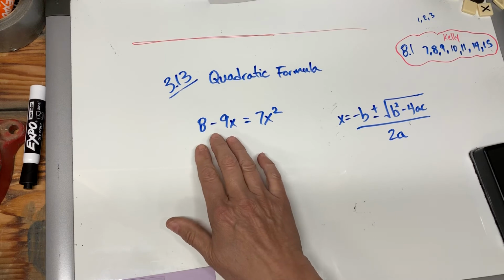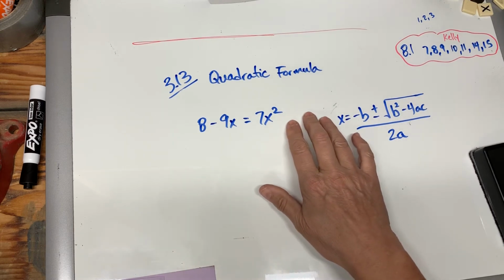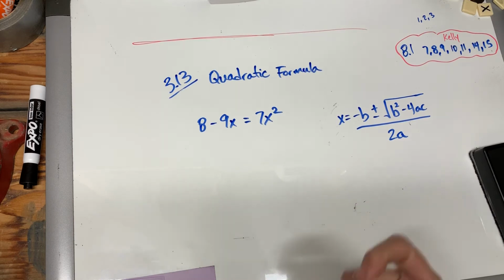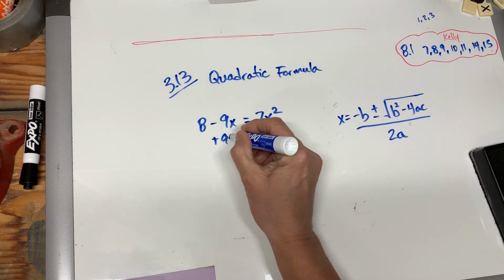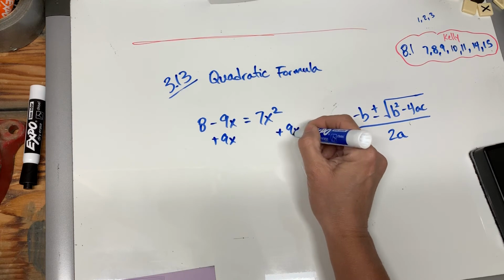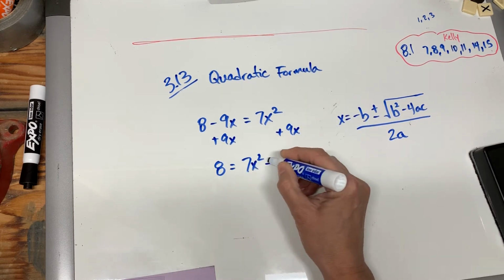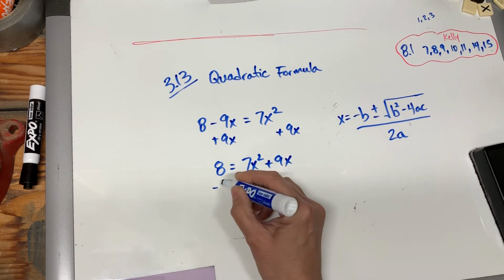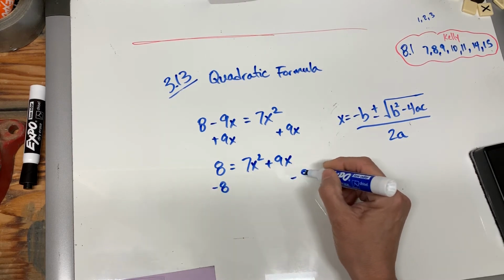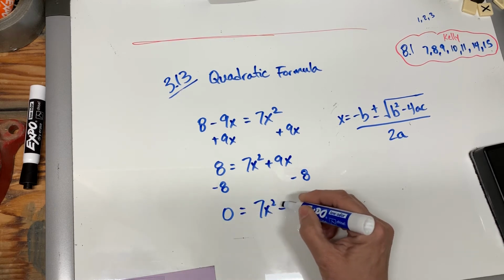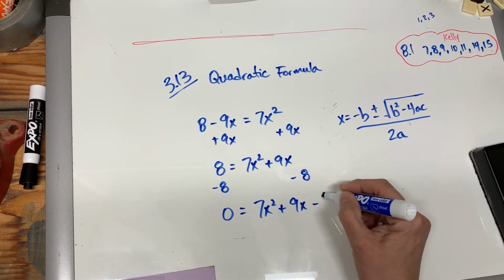So we need all of the terms on one side with a 0 left on the other side. So what I could do is add the 9x to both sides. So I would get 8 equals 7x squared plus 9x, and then subtract the 8 from both sides. So I get 0 equals 7x squared plus 9x minus 8.